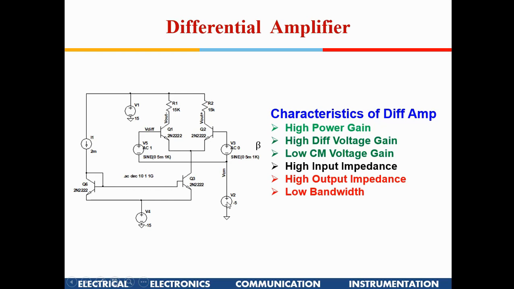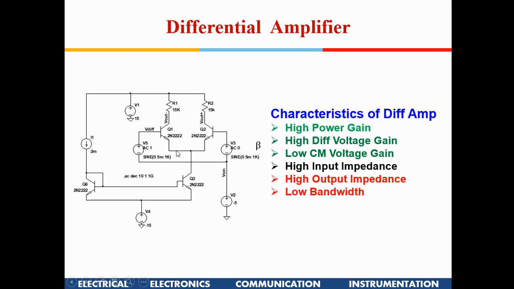There is one minimum voltage you need to apply so that these transistors are switched on. Again, if you keep increasing, after a certain point these transistors will come out of saturation. So there is an upper limit and a lower limit, which we generally call the input common mode range. This bias voltage has to be within the specified range. Within that range you bias these two transistors and then apply a small signal.